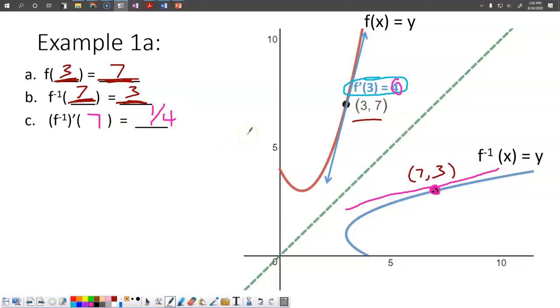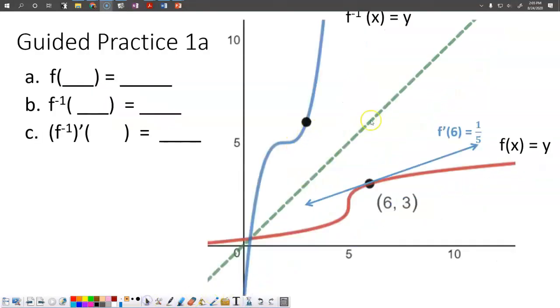Okay? So if you know the slope of your original function, then you just take the reciprocal of that value to find the slope of your inverse function, but you also have to pay attention to the x values. For this one, it's at x equals 3, and this one's at x equals 7. Okay? So let's have you guys give some of these things a shot.